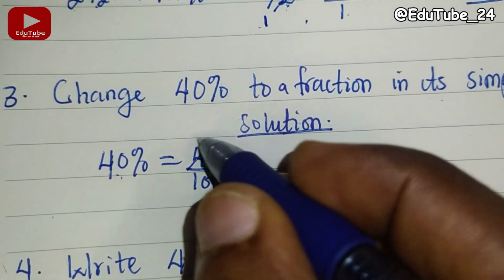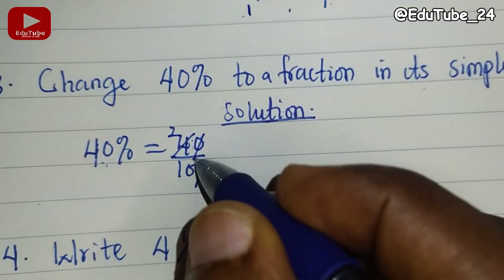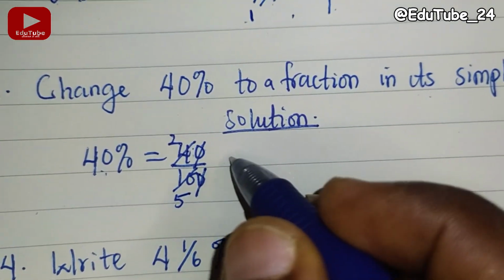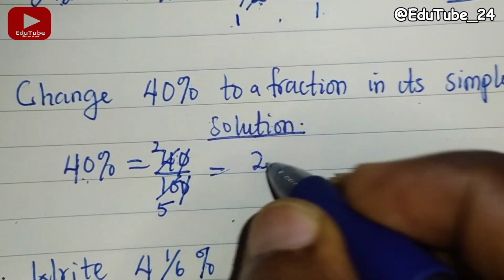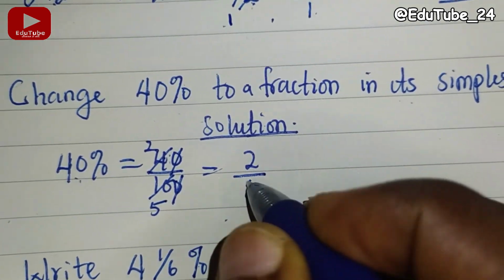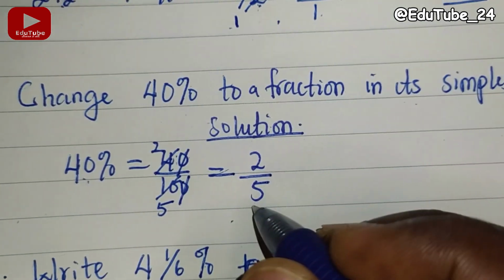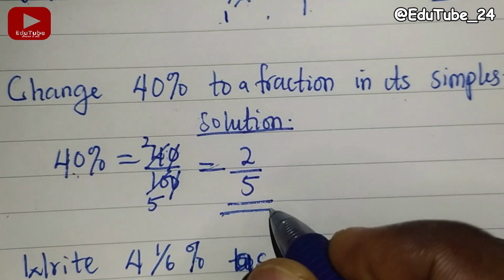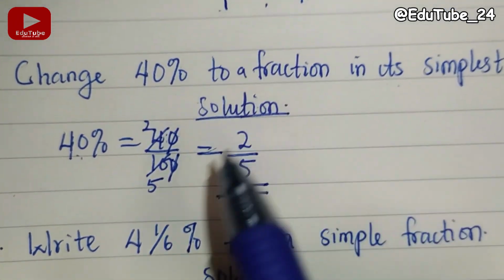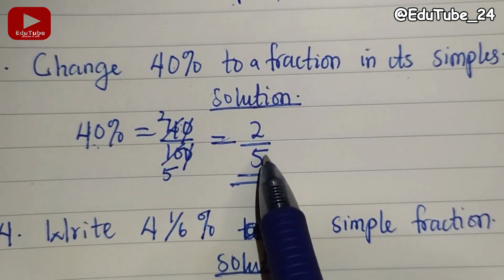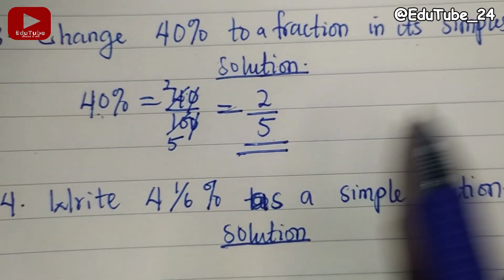So 2 in 4 gives 2, and 2 in 10 gives 5. So 2 in the numerator and 5 in the denominator. 2 cannot divide 5, so this is our simplest form. So we have successfully converted 40% to a fraction, which is 2/5.